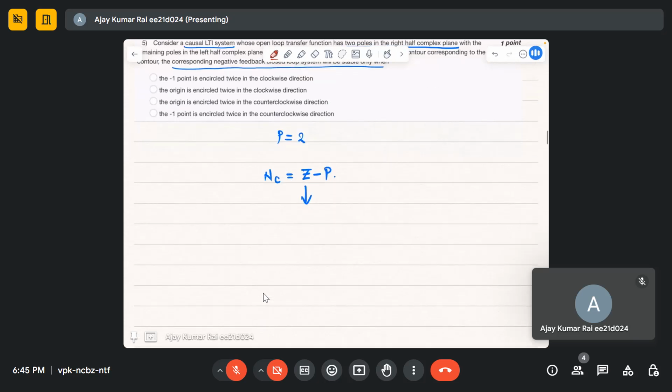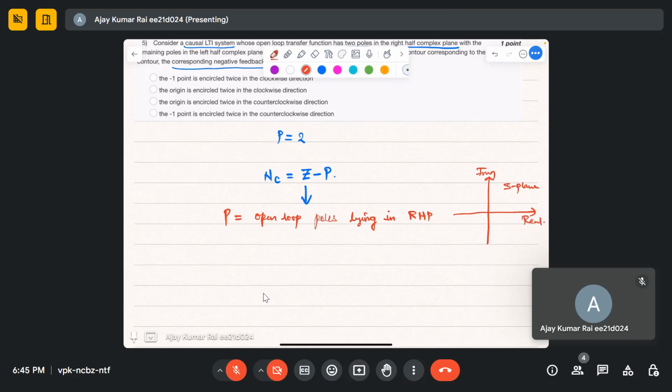Let me write what is P. P is the number of open loop poles lying in the right half plane. What is the right half plane? This is the S plane, right? So you're talking about this, this is the right half plane.